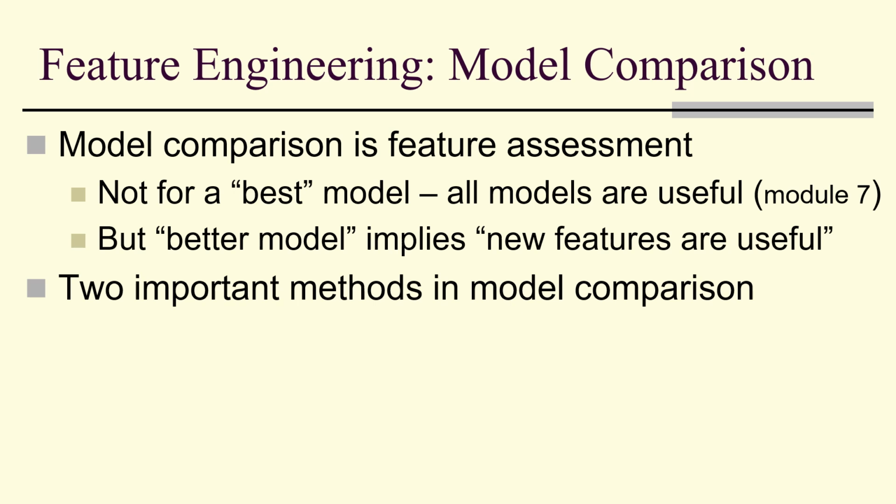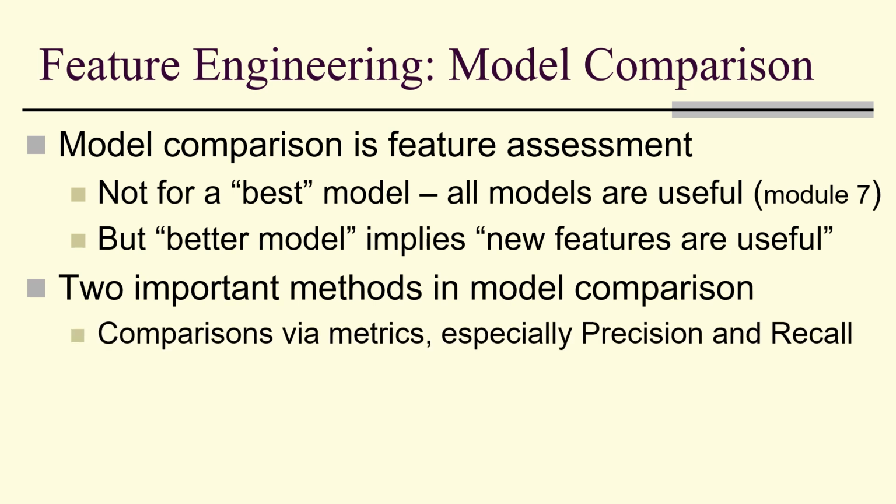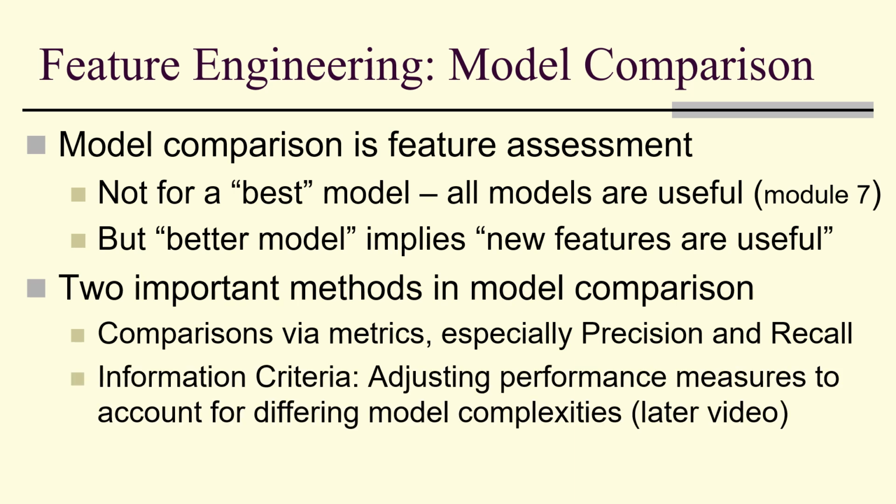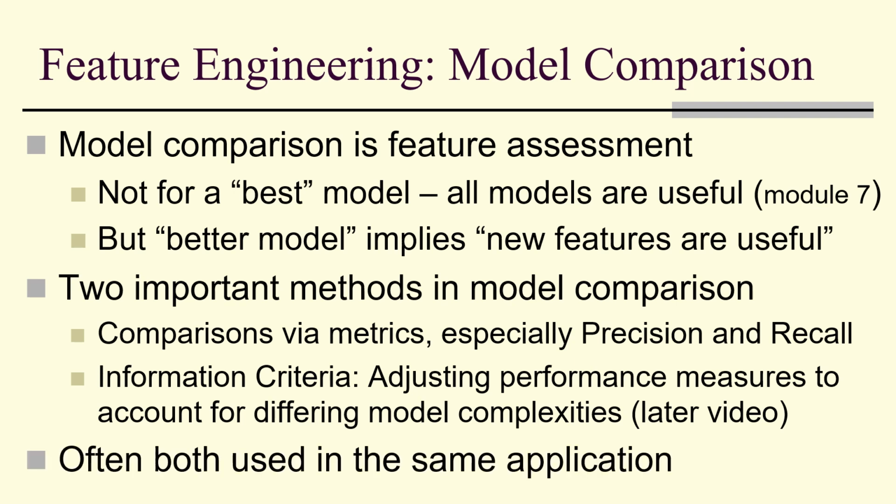There are two important methods in model comparison. Comparisons via metrics, especially the precision and recall metrics, and information criteria, adjusting performance measures to account for differing model complexities. But that'll have to wait till later. Usually, or at least very often, both are used in the same application.